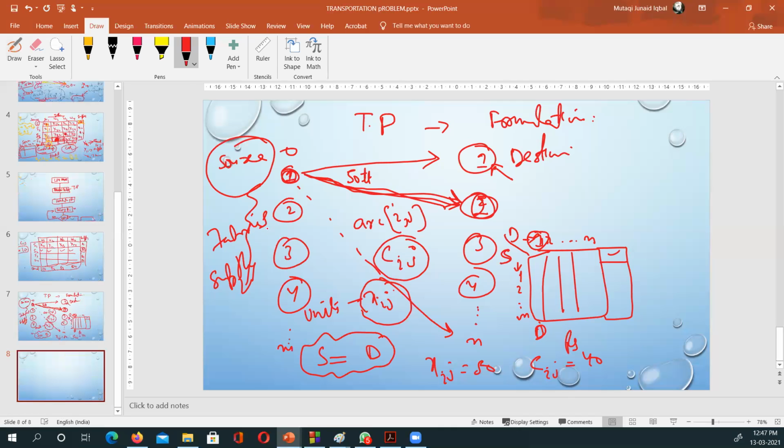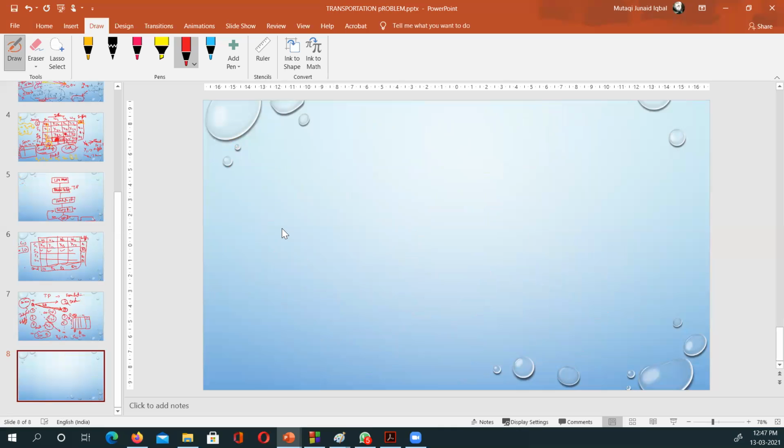You have two things to do: one is the cost, and second is the amount to be supplied. So in a nutshell, we can say a_i is the amount of supply, and then b_j is the amount of demand.